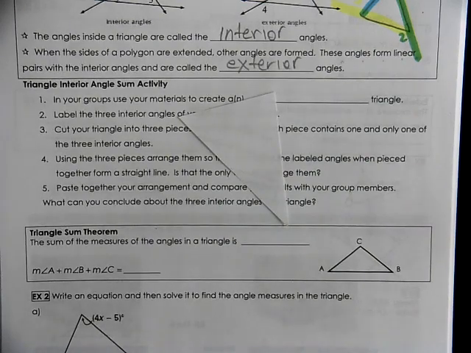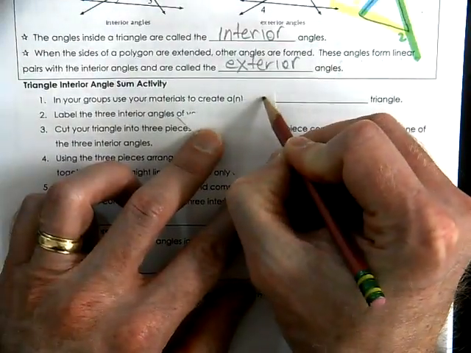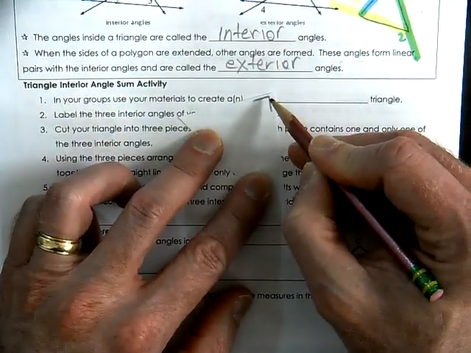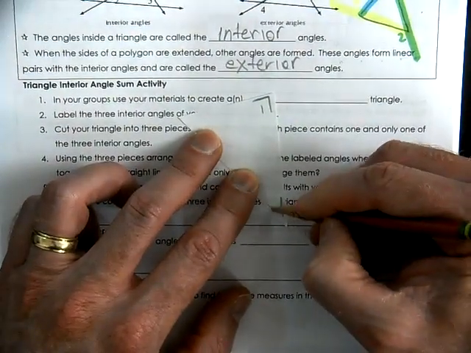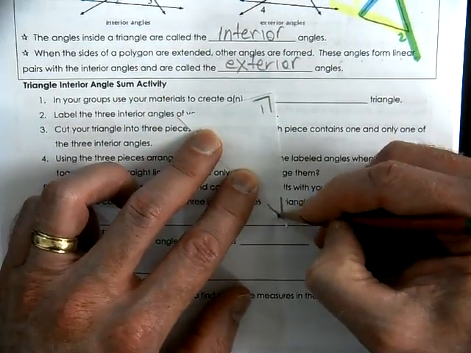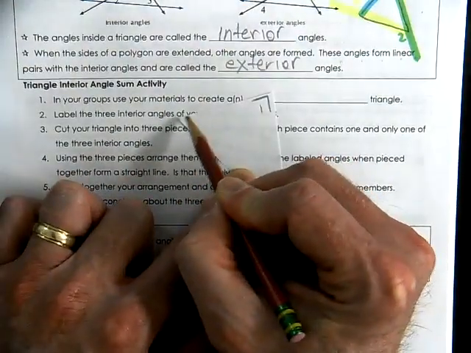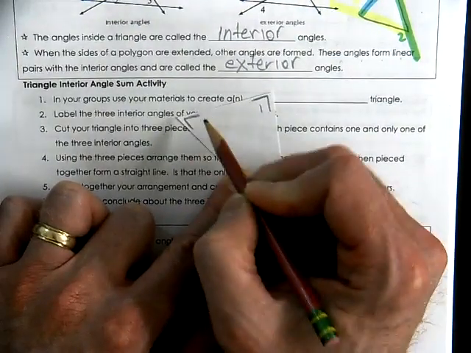You could cut your own triangles at some point if you like. I'm going to trace the sides here so we see exactly where the angle would be. We'll call that angle 1. I'll trace these sides so we can see where the angle is. Call that angle 2. We'll trace these sides so we can see the point where the angle is.